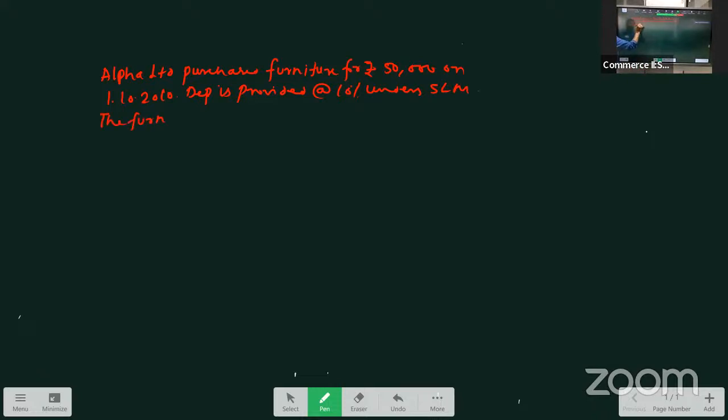The furniture is sold on 31st March 2013 for rupees 28,500.